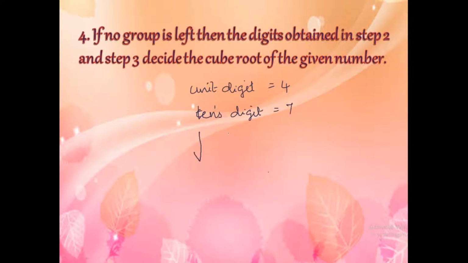So the cube root of the given number 4,05,224 is 74. You can check it by multiplying 74 into 74 into 74.